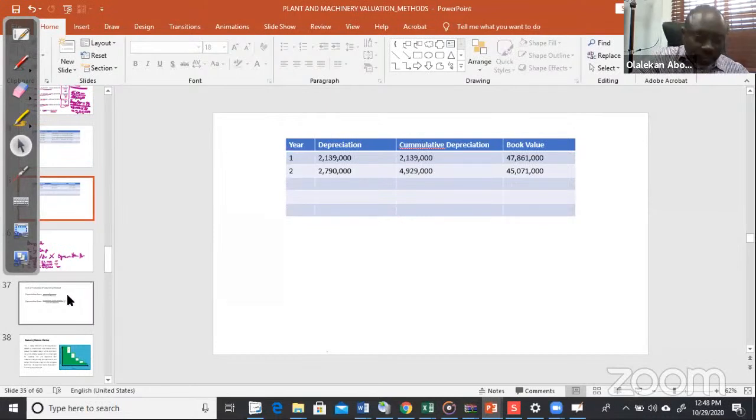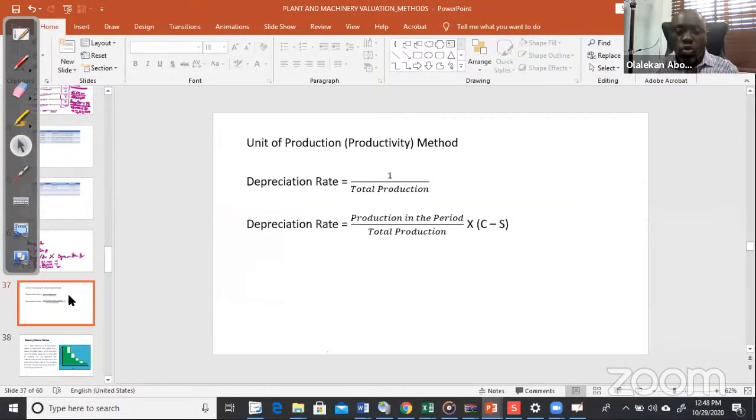Okay. So let's go to units of production, or what we call productivity method. Unit of production is equally a constant sum method. It's very simple, just like your hours of production.